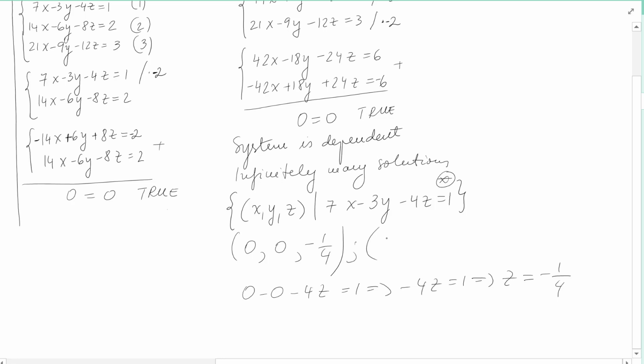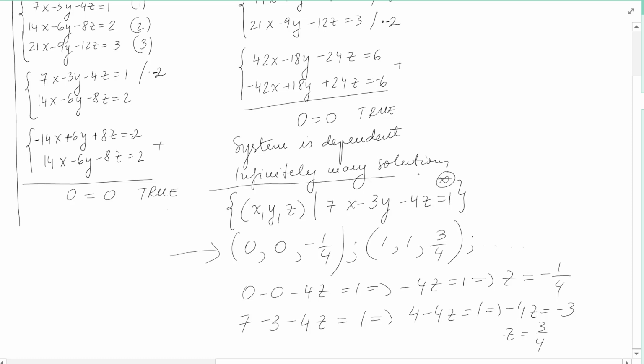If we choose x 1 and y 1, we can figure out z: 7 minus 3 minus 4z equals 1. So 4 minus 4z equals 1. Negative 4z equals negative 3. Z equals 3/4. And we can make up any numbers we want for x and y and find z. So these are two of the solutions, but we have infinitely many, only they have to satisfy this condition.